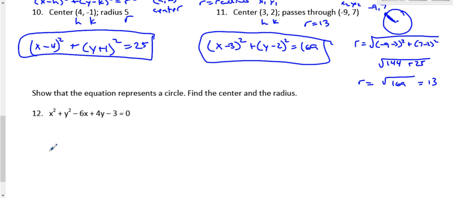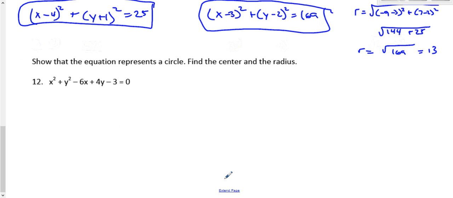Now, we need to show that the equation for number 12 represents a circle. So we need to somehow try to make this equation look like one of the two from 10 or 11. So what we need to do is group our variable terms. So we have x squared minus 6x. We also have y squared plus 4y.